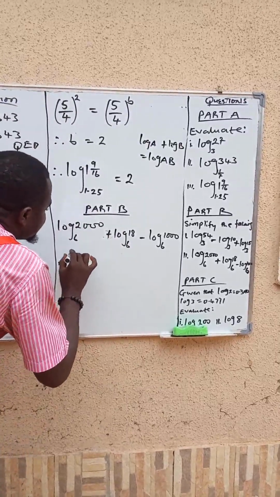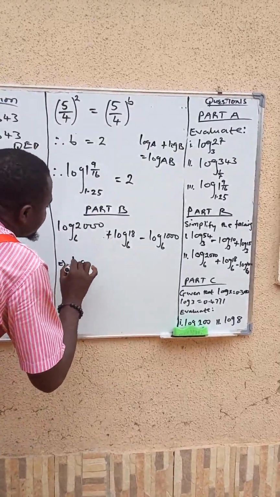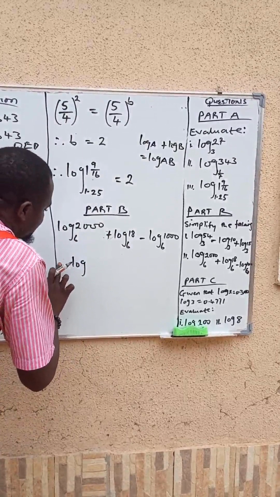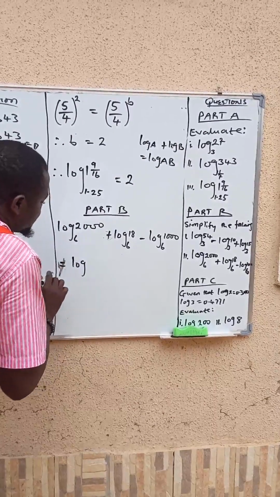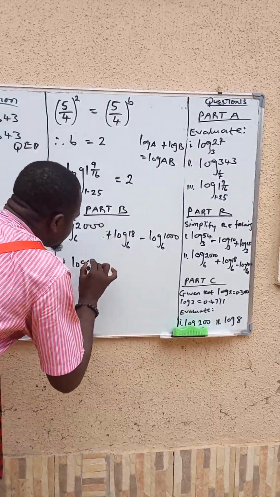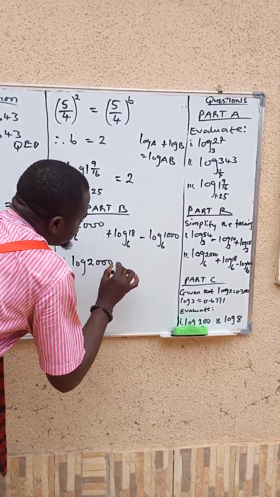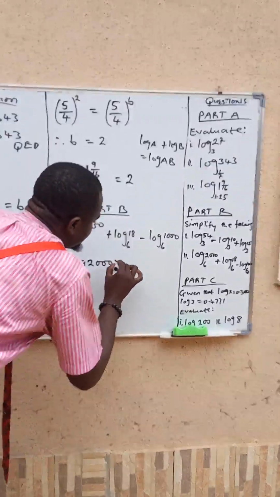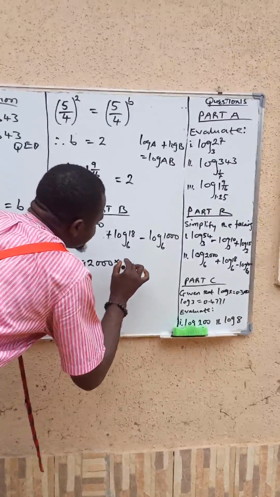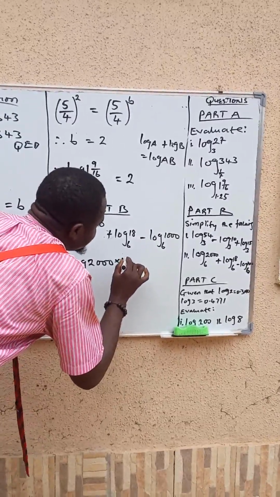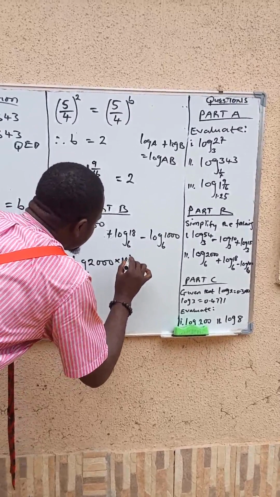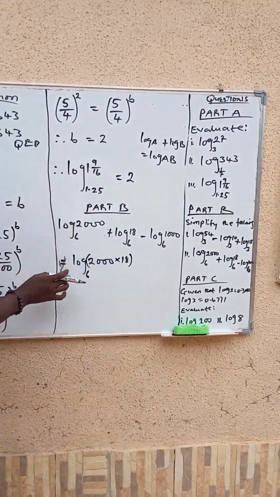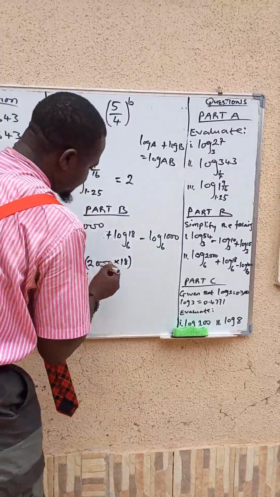This implies that it is equal to log 2000 to base 6 multiplied by 18. You must bracket it since you are now multiplying it, because it's a base before.